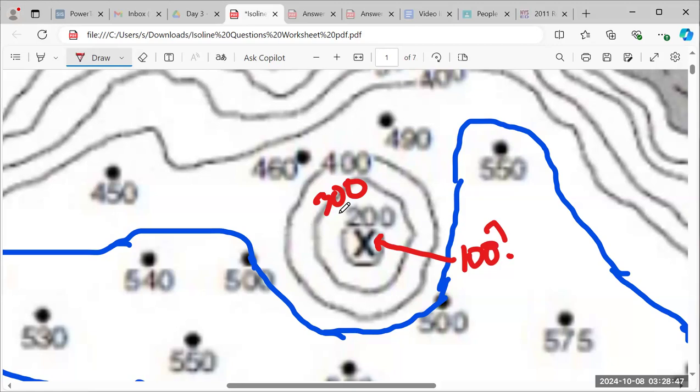But because there is not another iso line inside, I have to ask myself, what is the lowest x can be, what value in between when I'm looking at x?